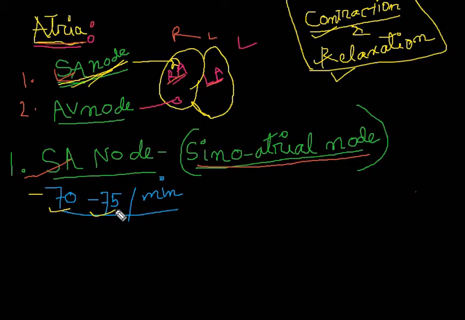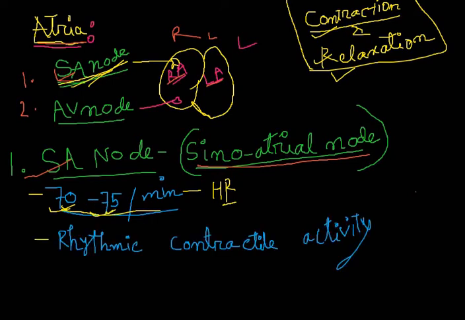Hence our heartbeat is also 70 to 75 times per minute, because SA node generates action potential 70 to 75 times in human heart.